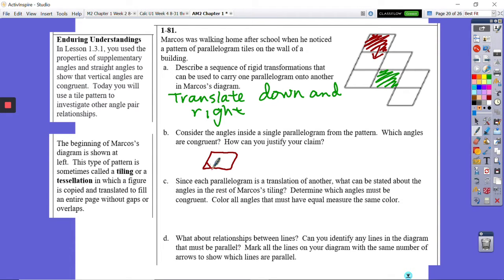The two acute angles in this parallelogram are congruent, and the two obtuse angles are also congruent. How can we prove that? Well, in lesson 1.1.1, when we were doing the Venn diagrams and putting all the shapes in, we were able to put the parallelogram in 180-degree rotational symmetry.